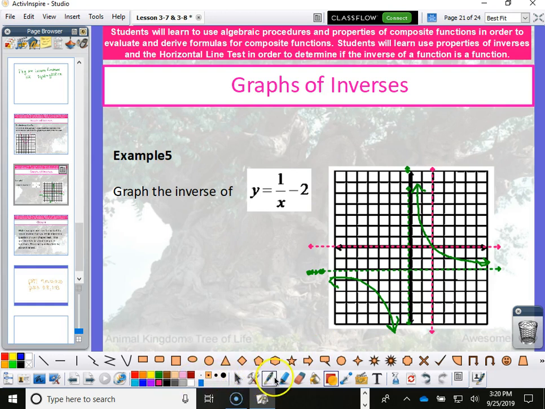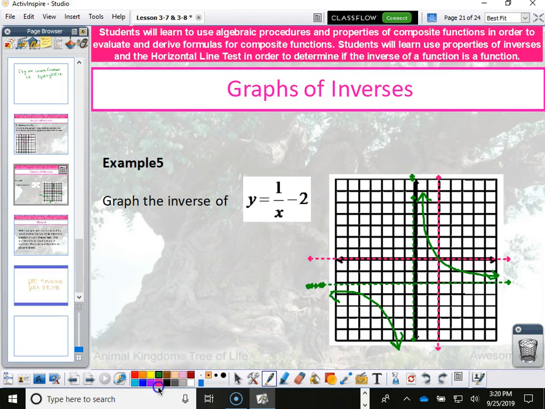And so our graph is going to move also. So it's going to be more here, oops, I meant to make that pink, so it's going to be more here and here, because those asymptotes changed. Okay?